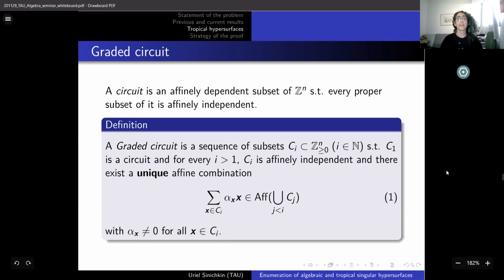So previously, people looked more at the first level, at circuits, not graded circuits, and then looked at what singular points can be in such a hypersurface. But this approach has many disadvantages, and passing to looking at graded circuits was, I think, what made this work possible. Okay.